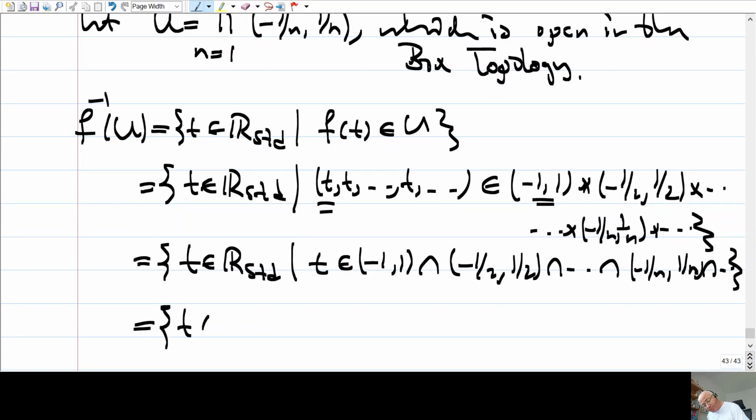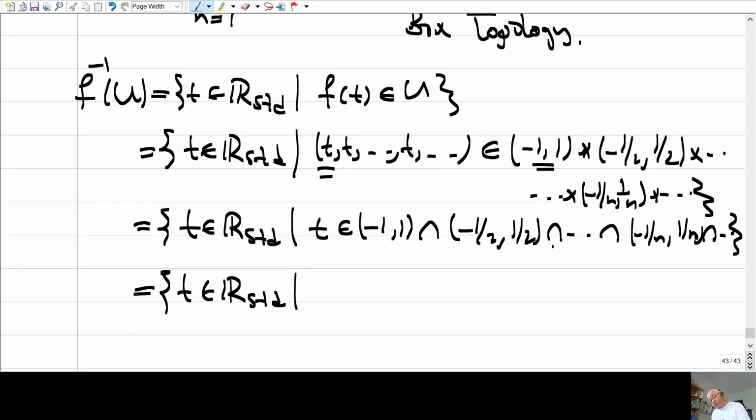But what is this? T is less than 1 in absolute value. T is less than 1 over 2 in absolute value. T is less than 1 over n in absolute value, right? This is just the same thing as this one, 1 over n, for n from 1, 2, and so on.